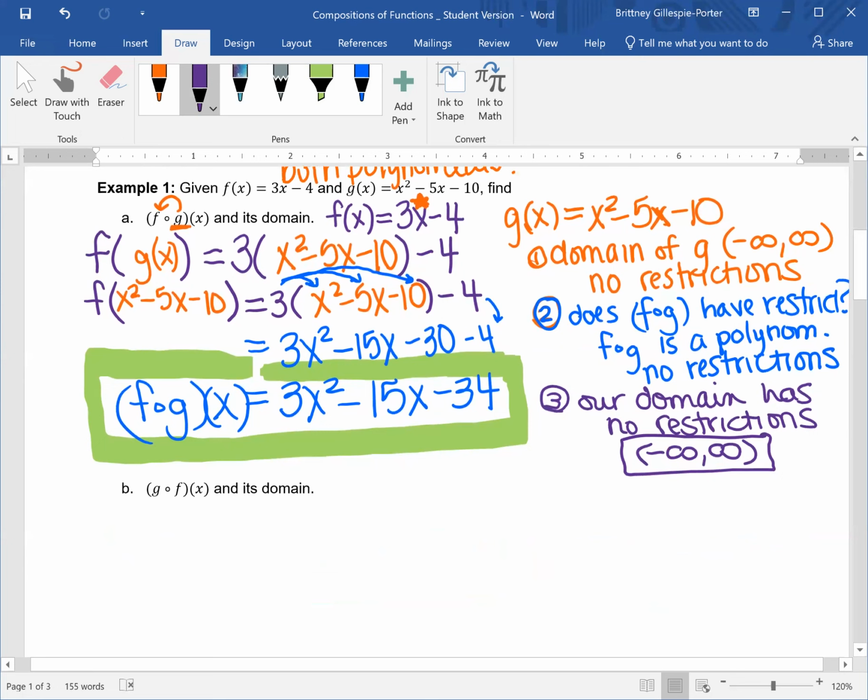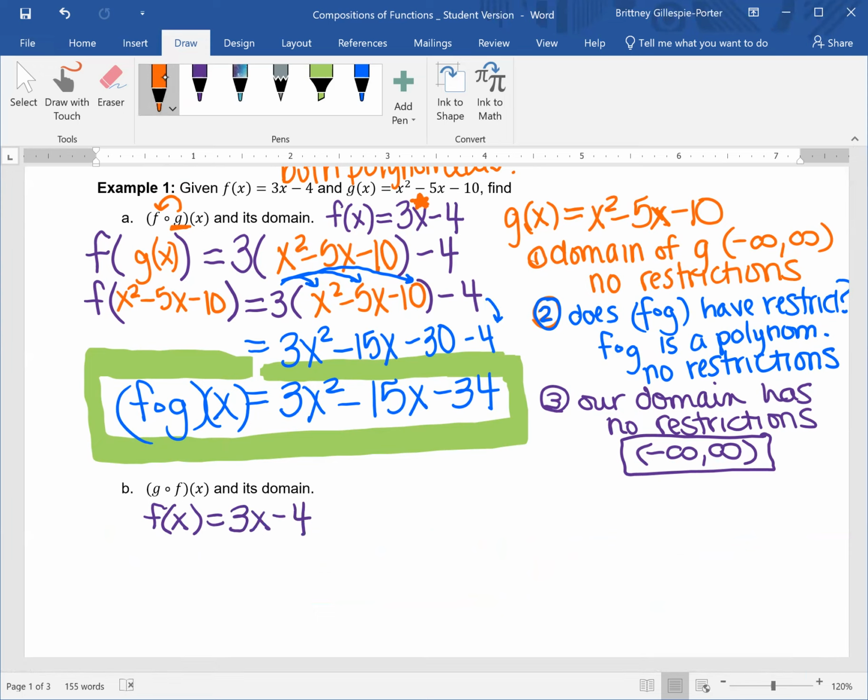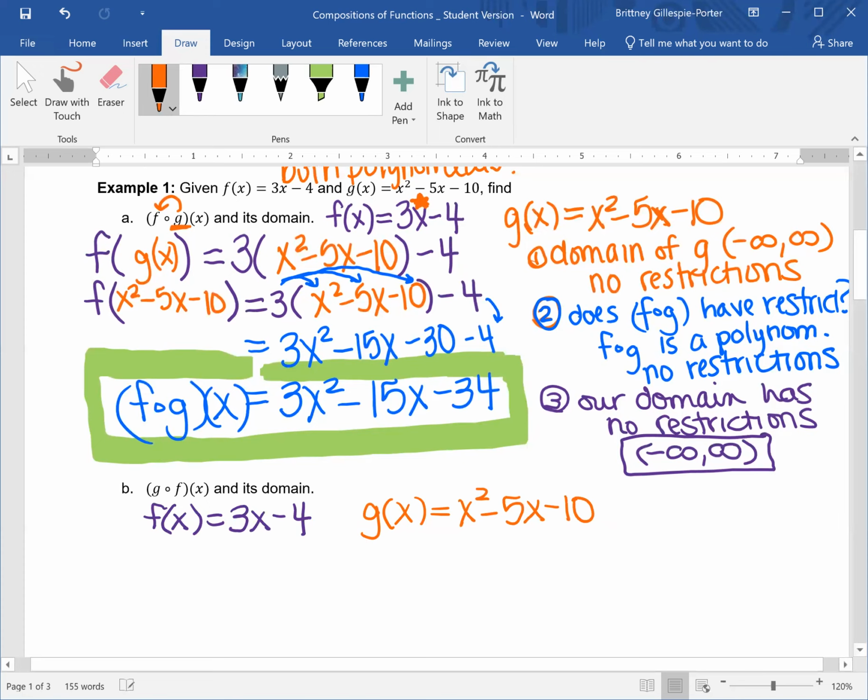I'm going to write my functions out again, just so we're not losing sight of them. We have f of x equal to 3x minus 4. I'm going to keep that purple. And then our g of x was our trinomial, the x squared minus 5x minus 10.